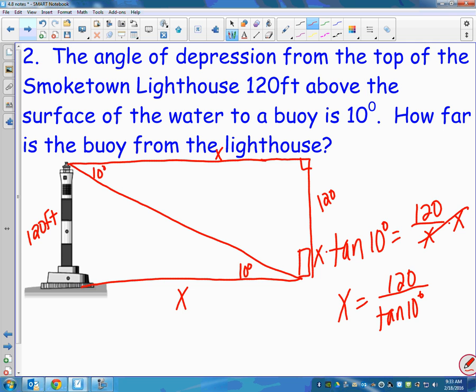So just be careful with your algebra there. It was pretty far. I got, again, don't say what to round to, 680.6.